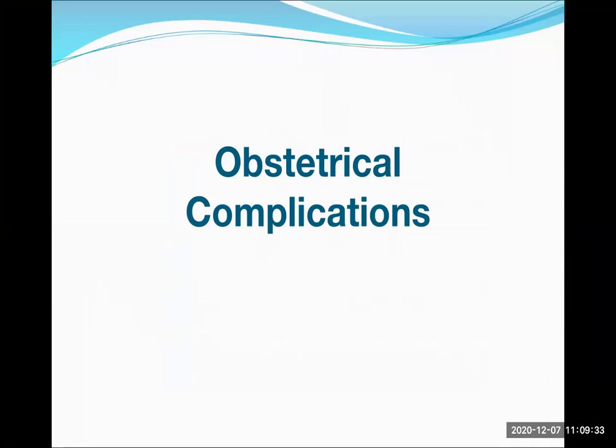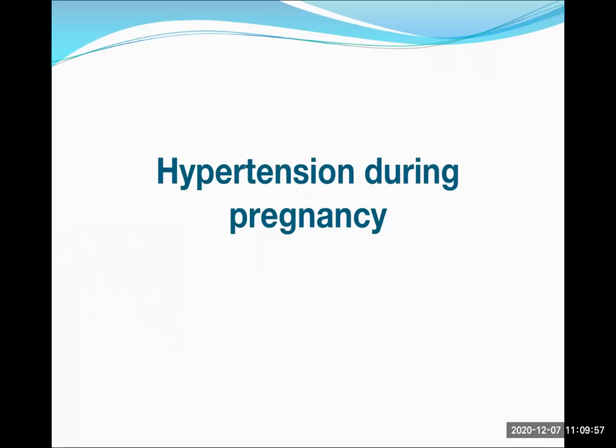After that, maybe anemia during pregnancy, jaundice during pregnancy, then RH isoimmunization or RH incompatibility during pregnancy, and so many other topics, like multiple pregnancies, of different types. So we'll talk about one after the other. Let's move on. Obstetrical complication, and the first topic for us is hypertension during pregnancy.